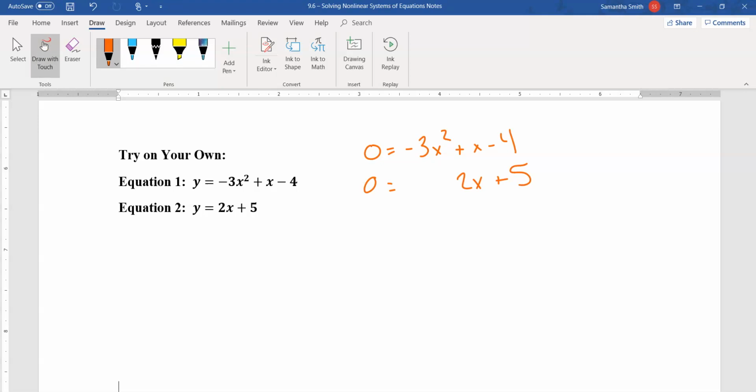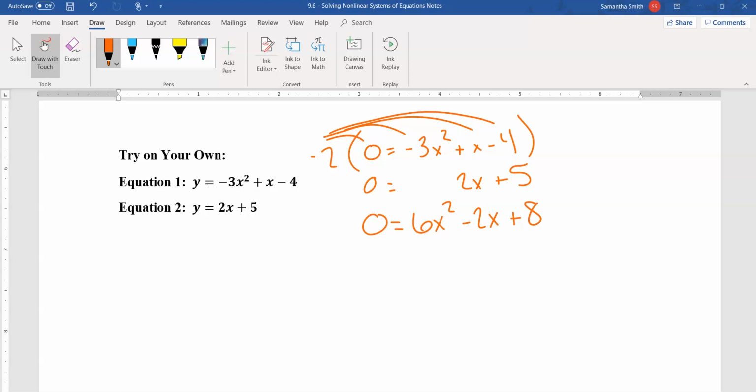So in order to do that, I am going to multiply my top by a negative 2, because I want this to be a negative 2, positive 2 situation. So I'm going to distribute to everything. So it'll be 0 equals a positive 6x minus 2x plus 4 times 2 is 8.